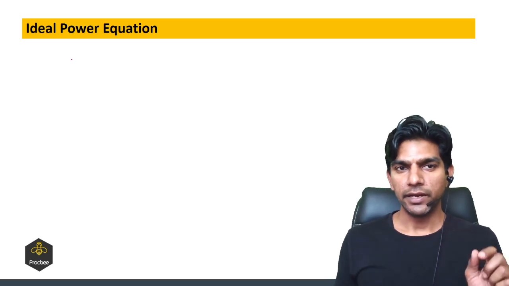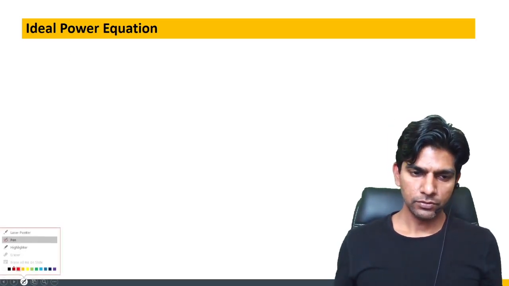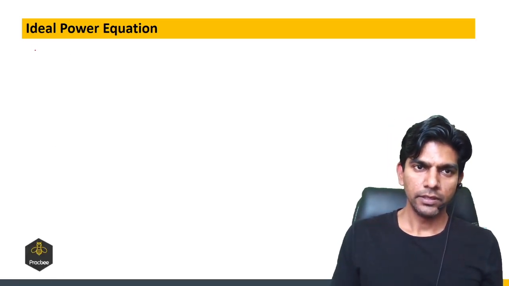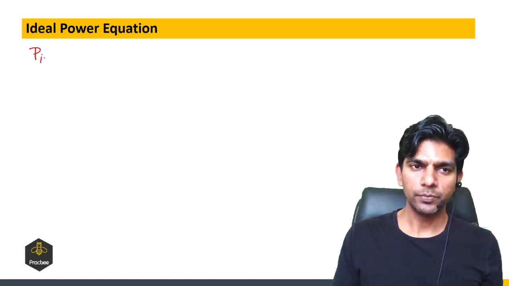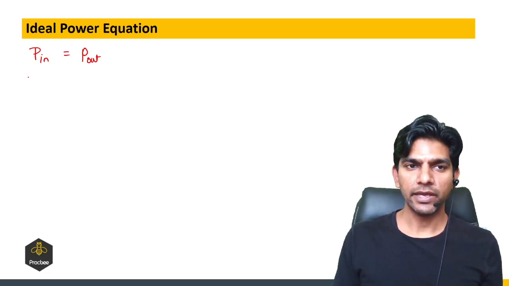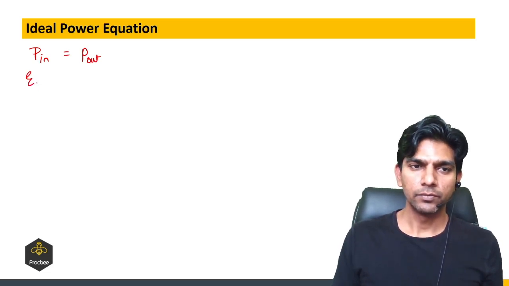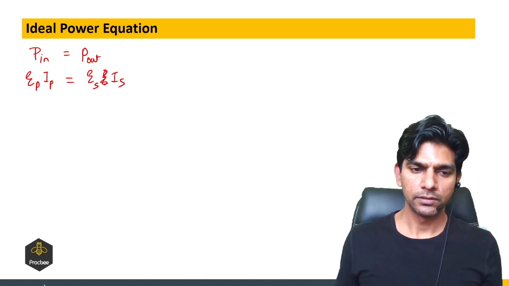Now let us see the ideal power equation. In an ideal transformer, input power is the same as the output power. So input power can be written as EP times IP, and it can also be written as ES times IS.